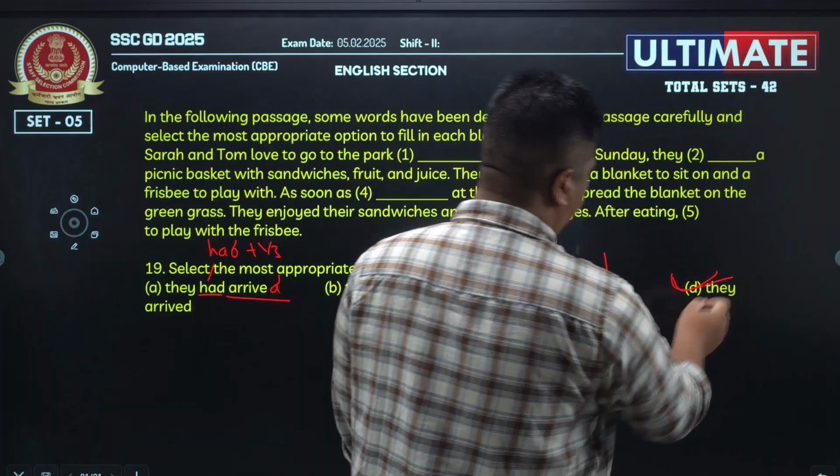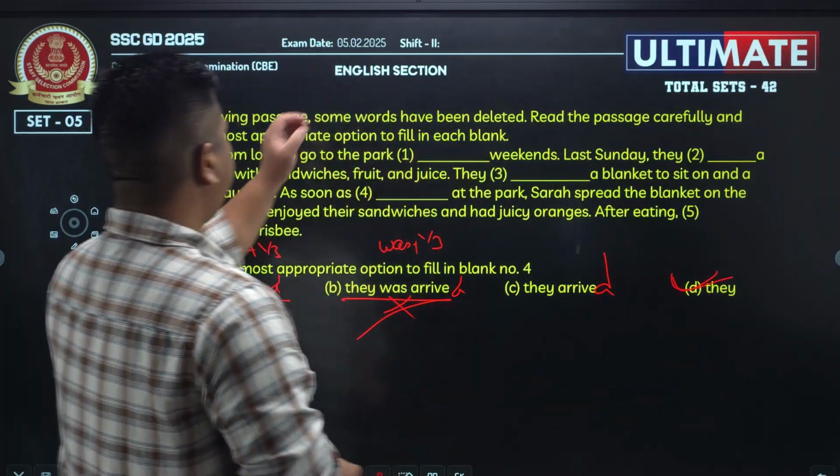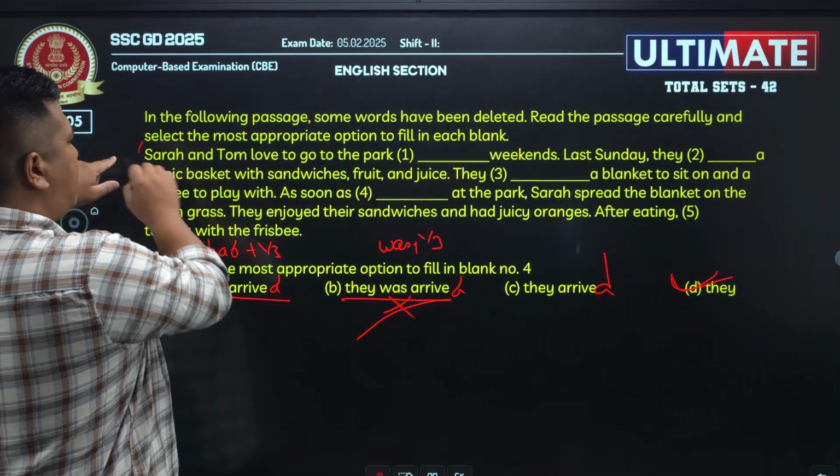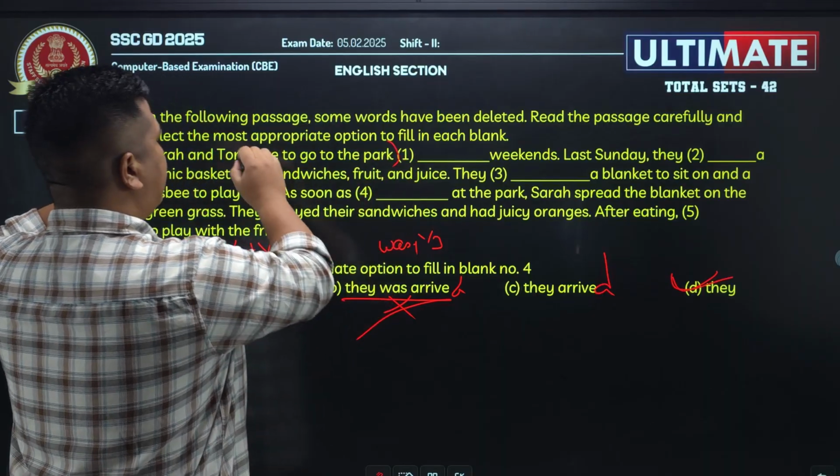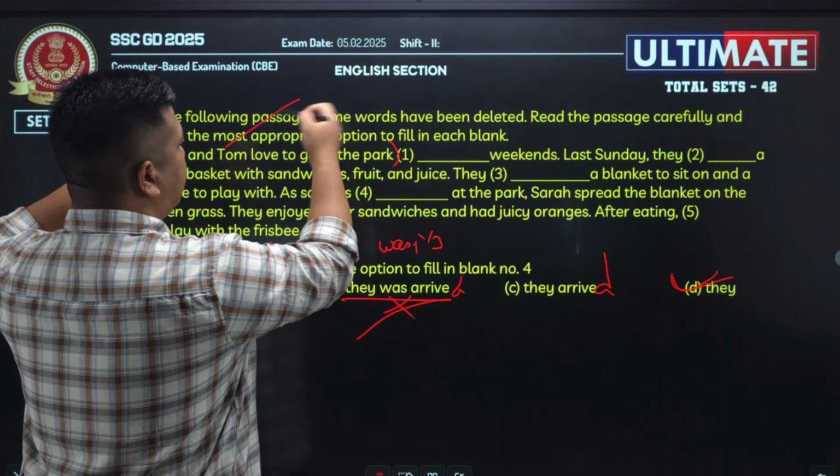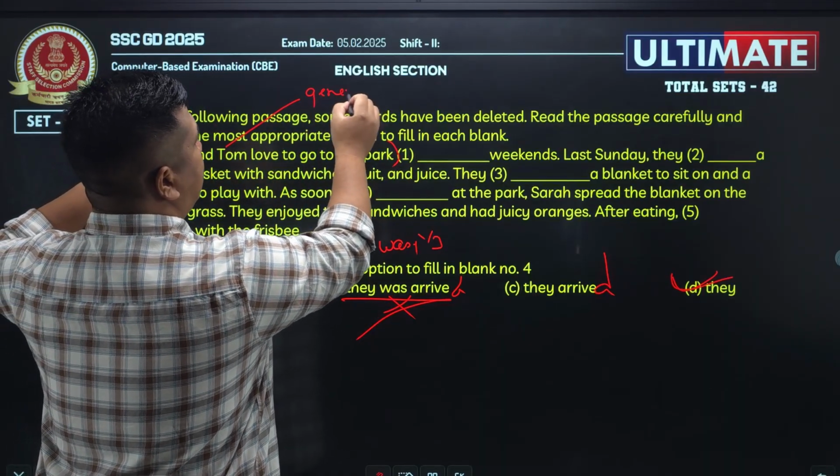So why not say they arrive? Because except for the first part, Sarah and Tom love to go to the park generally, that is a general idea.